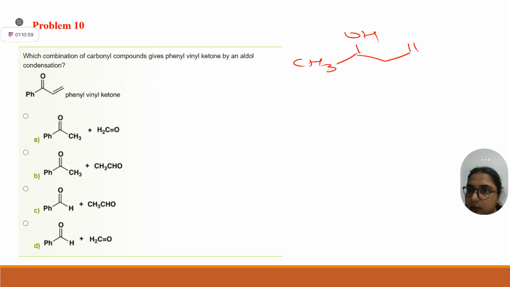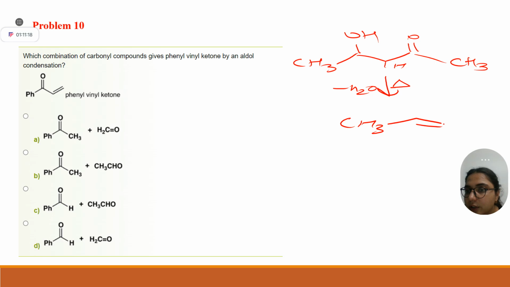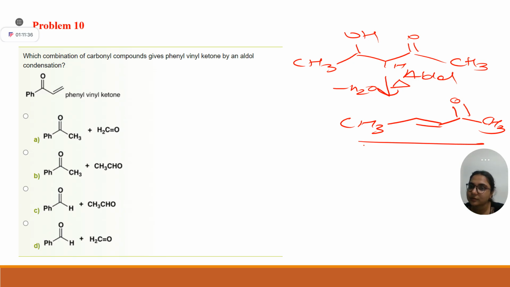Let's say this is the aldol product of anything, alpha and beta. If heating condition is given on the arrow, then you have to remove H2O, and it will be called your aldol condensation product. This is your aldol product, and this will be your aldol condensation product. Condensation, why? Because here one molecule of H2O is lost. Understood how to draw aldol condensation product?